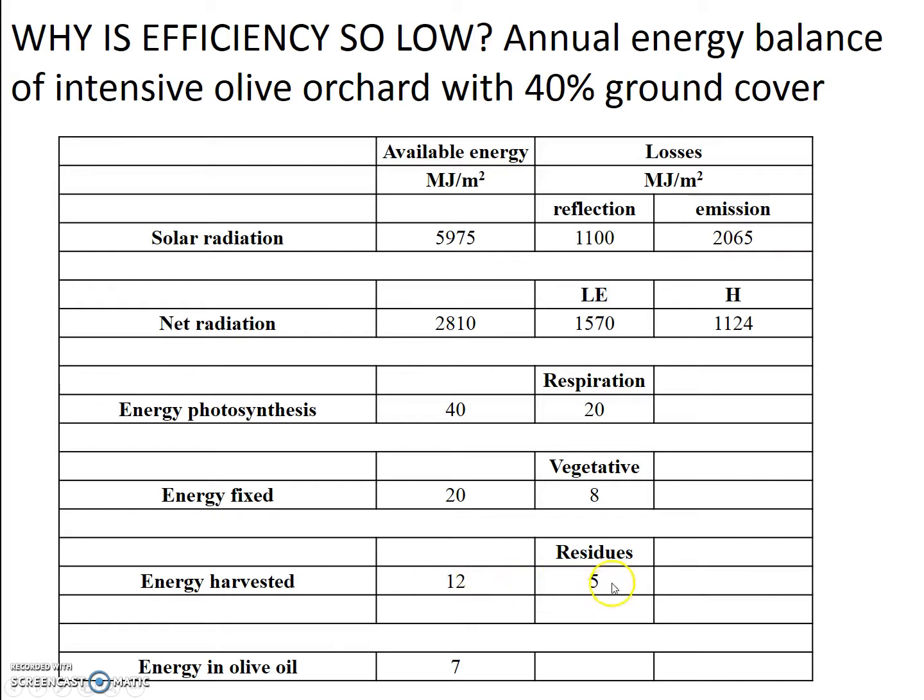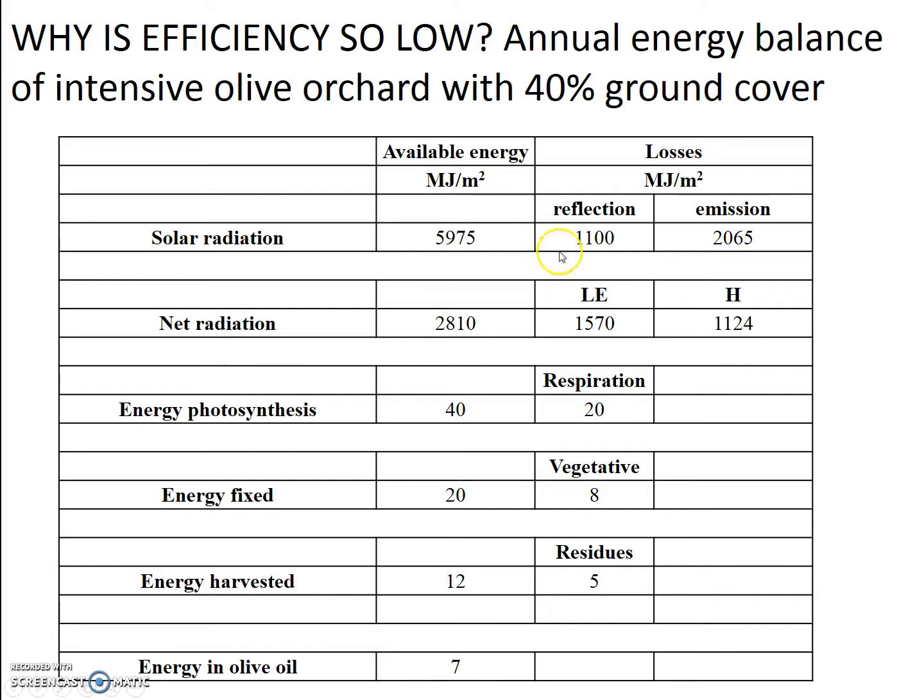If we remove the residues, we have only a harvest of oil equivalent to 7 megajoules per square meter. So looking at the whole picture from a high value of radiant energy that we have, we accumulate very little in the harvested fraction due to agricultural activity.